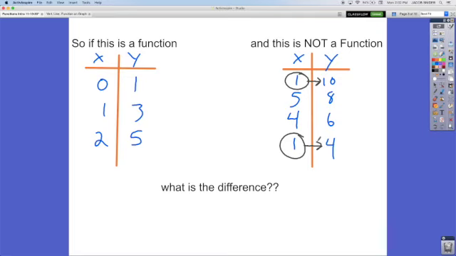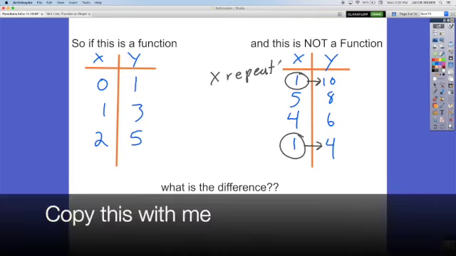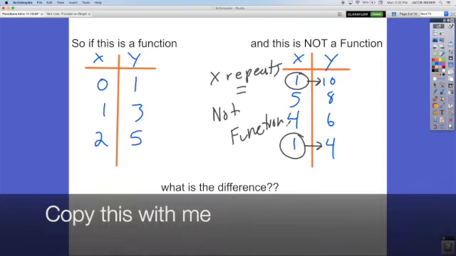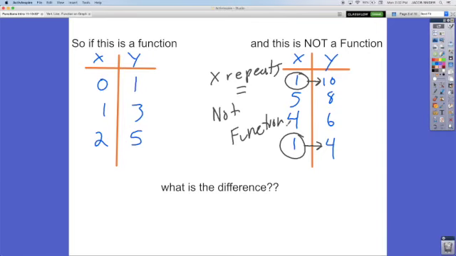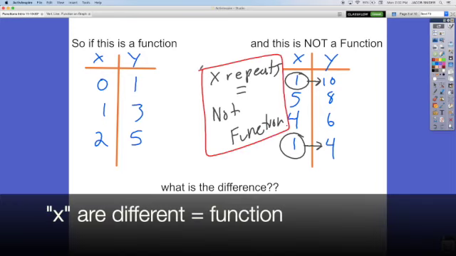Write this for me: if my x repeats, that means it's not a function. X repeats, not a function. If all my x's are different, I'm good to go.